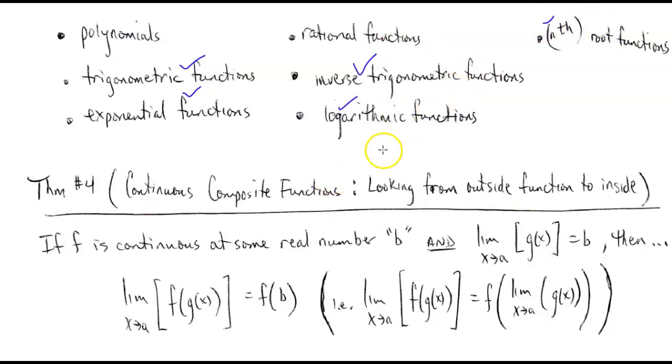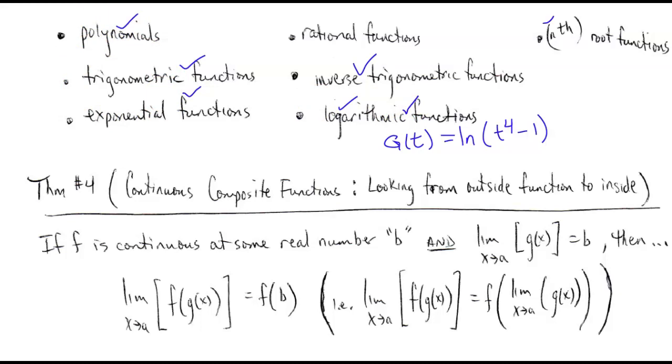Now, for the example we're going to do, we have a function g of t equal to natural log of t to the 4 minus 1. This is really a composite function, where the outside function is a logarithm and the inside function is a polynomial.